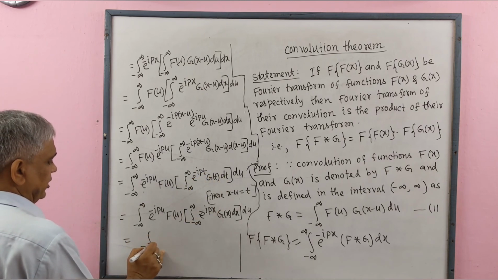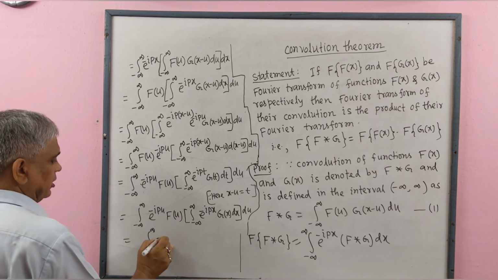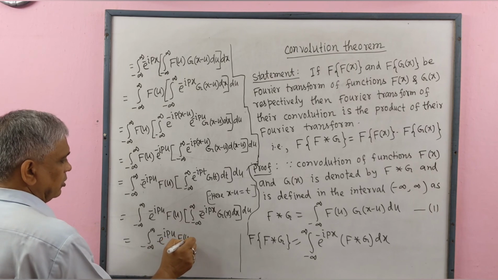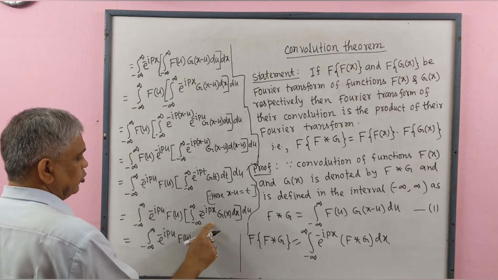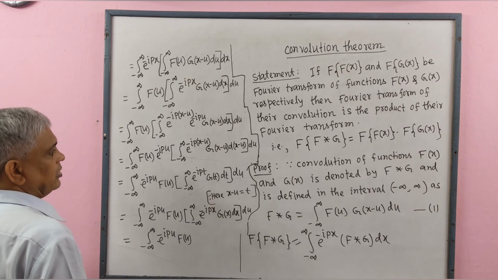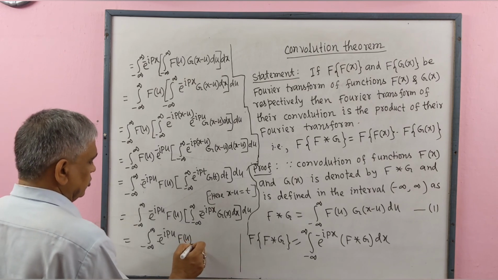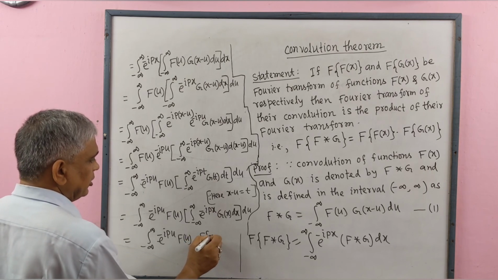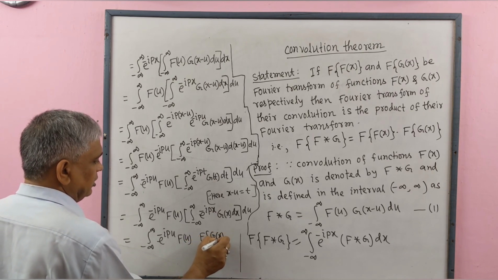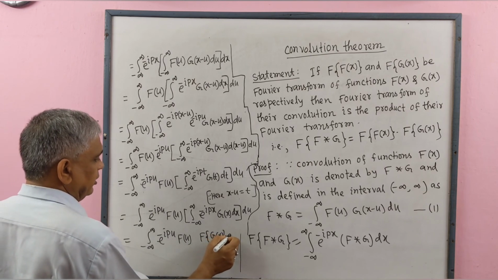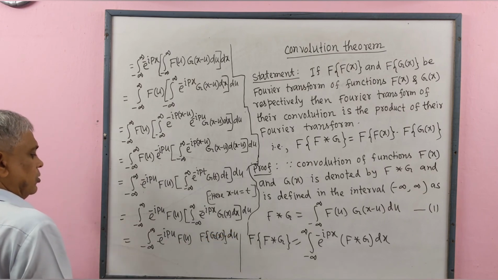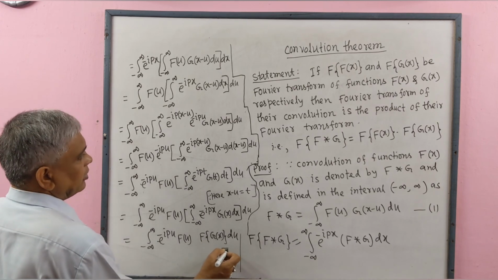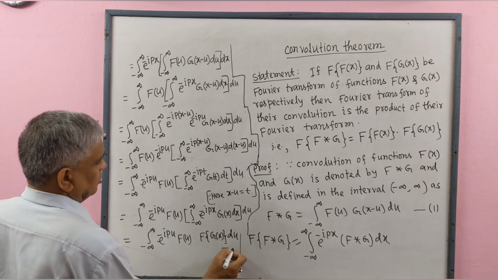This is equal to the integration from minus infinity to infinity of e to the power minus ipu f(u), and this is the Fourier transformation of g(x), so we write the Fourier transformation of g(x) and du. This is number 2.